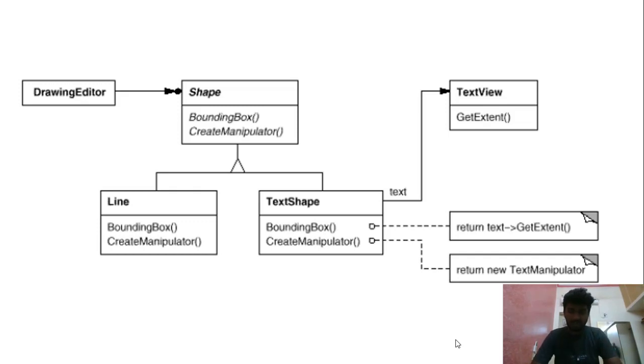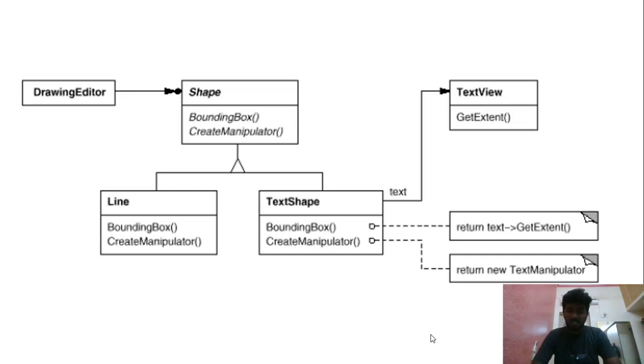The user should be able to drag every shape object to a new location interactively, but text view isn't designed to do that. Text shape can add this missing functionality by implementing shape's create manipulator operation, which returns an instance of an appropriate manipulator subclass.